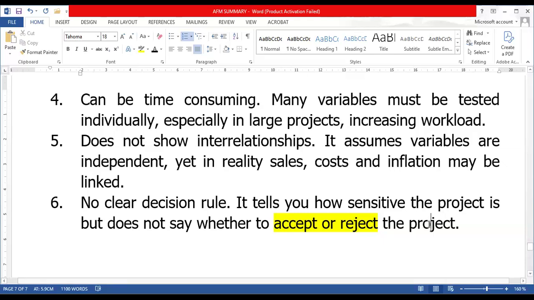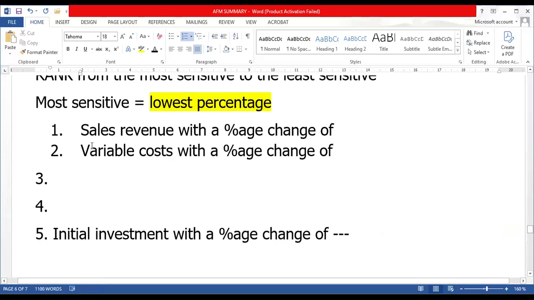So you will need to apply other models to accept or reject, or you need to decide as a manager, as a finance manager, as an accountant, as a CEO. You sit down and say, from my variables, this is the most sensitive. You analyze them, then you make the decision based on the analysis. You're the one to decide whether to reject or accept.